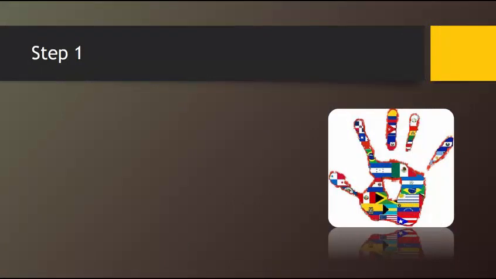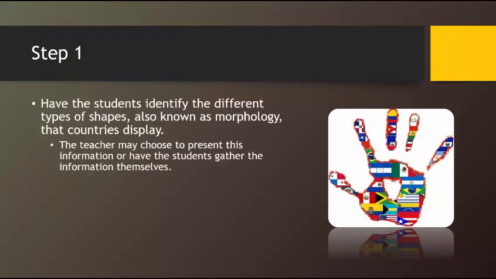Step 1. To begin, first, have the students identify different types of shapes, also known as morphology, that countries display. The teacher may choose to present this information or have the students gather the information themselves.